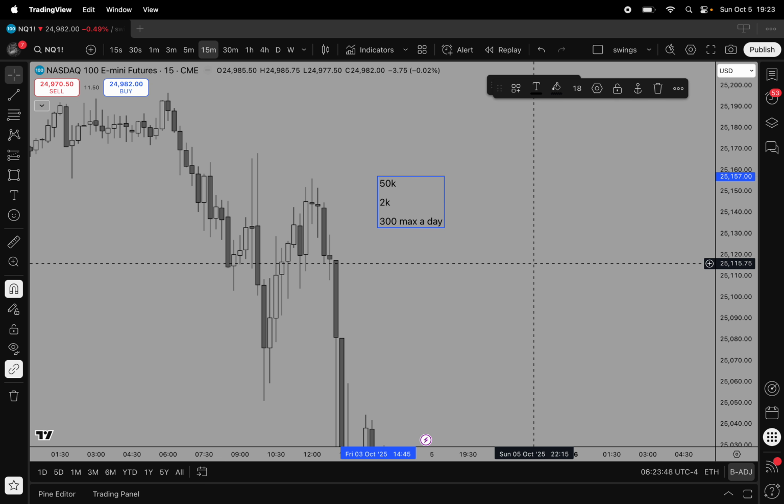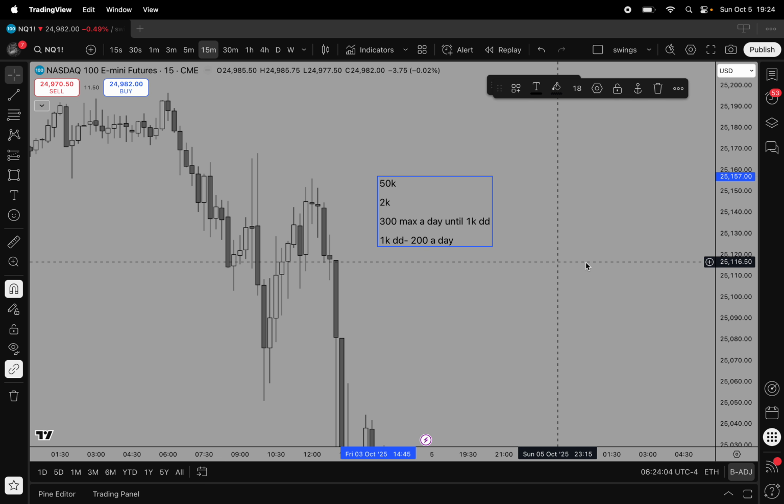And then until 1K drawdown, right? And then from there, at 1K drawdown, you would go down to 200 a day.